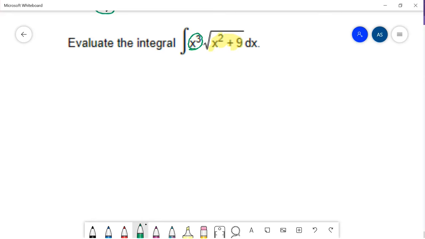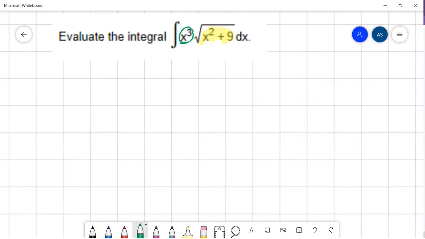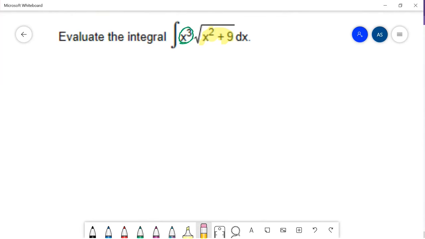The x will only cancel out one of the x's, not all of the x's. So we have to have a different substitution for this. And the substitution that I'm going to suggest is going to be the square root included in this. So it'll be the square root of x squared plus 9.